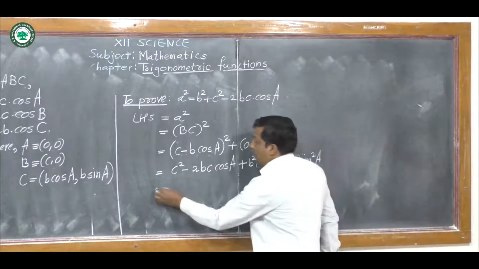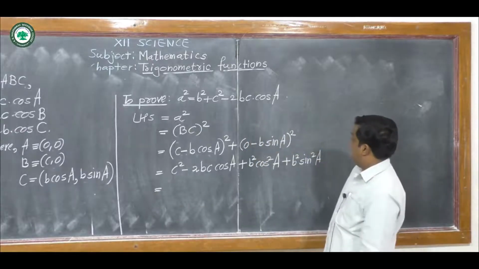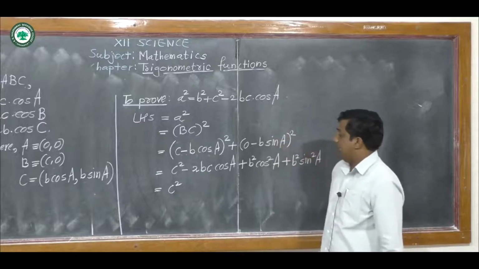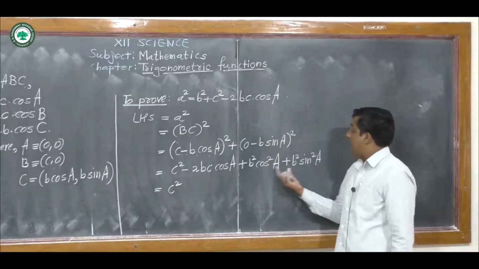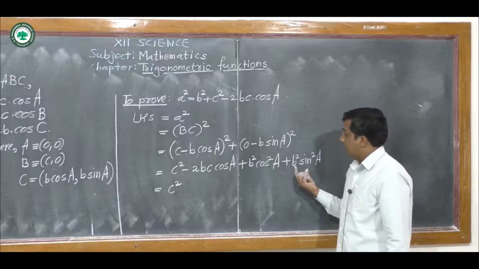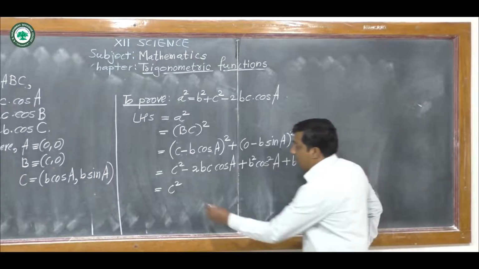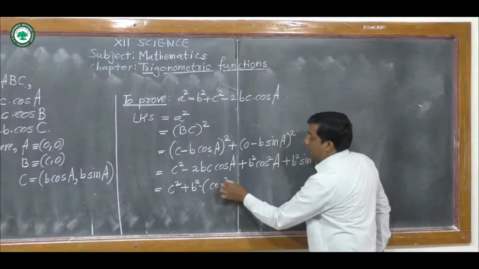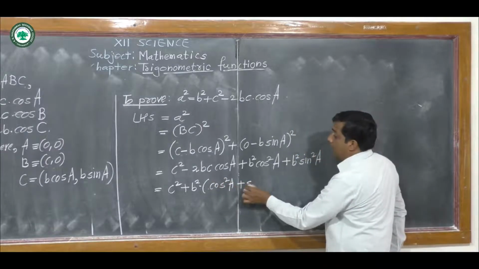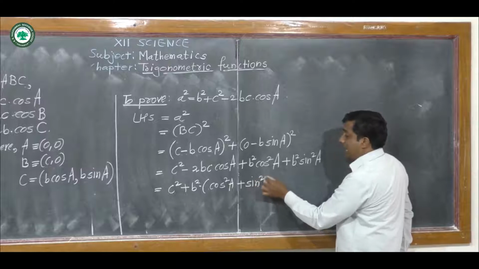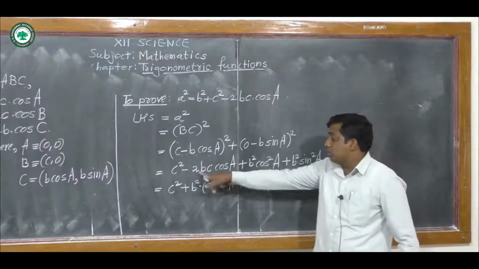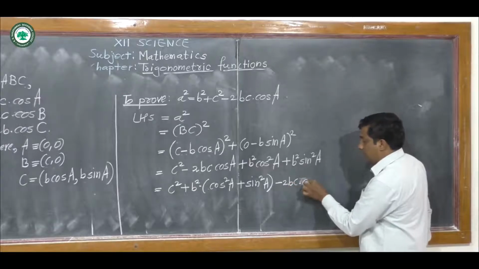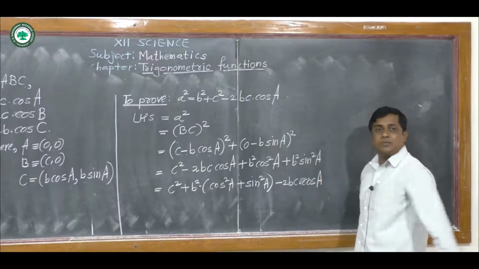This is equal to c square as it is, then from the third and fourth terms we take b square common: b square into (cos square A plus sin square A), then minus 2bc cos A as it is.